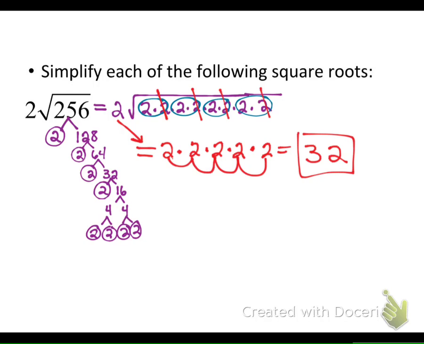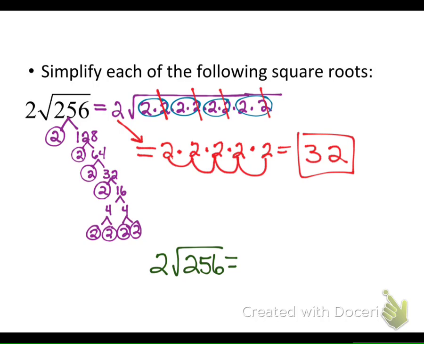Now, what I'm going to write in the green, you don't necessarily have to write. Now, type into your calculator, ignore the coefficient, the square root of 256. What did you get for the square root of 256?